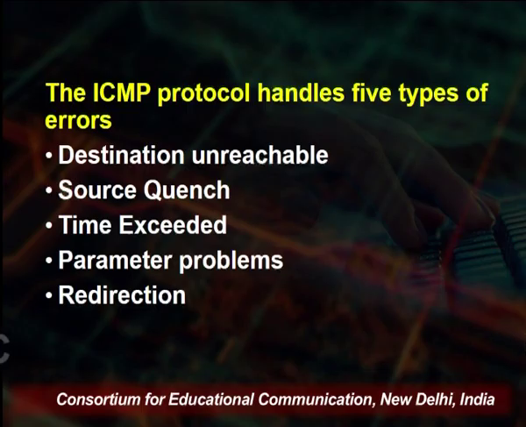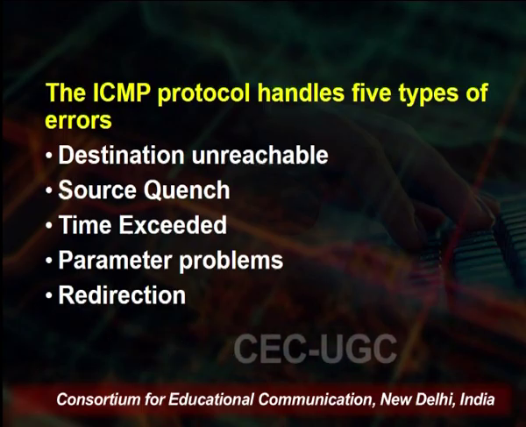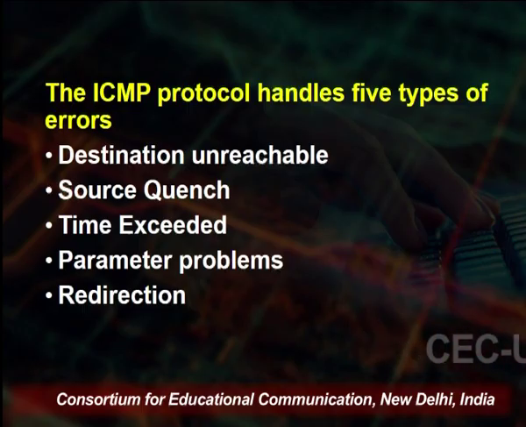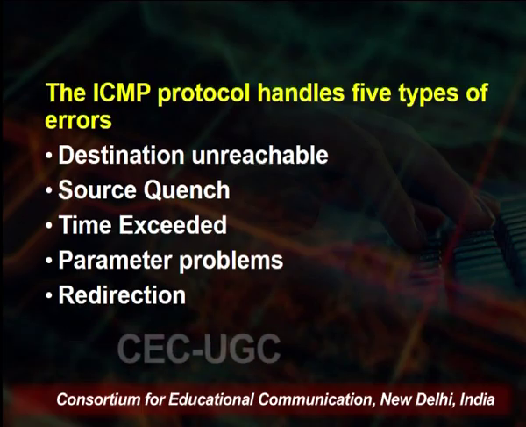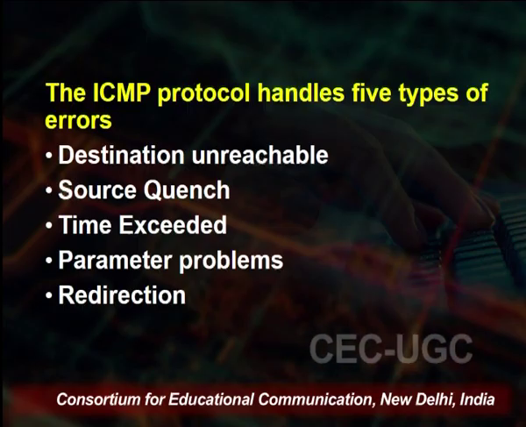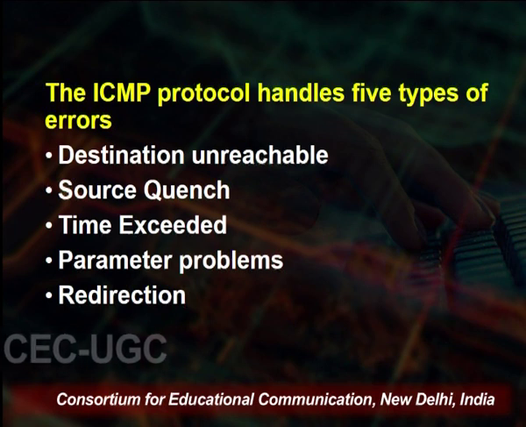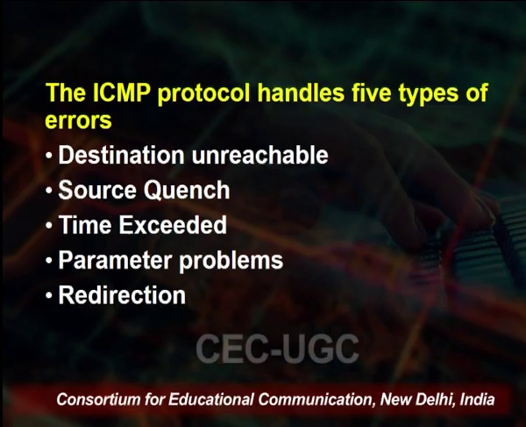Five common types of errors handled are destination unreachable, source quench, time exceeded, parameter problem, and redirection. These are five different types of errors which can be handled by ICMP.